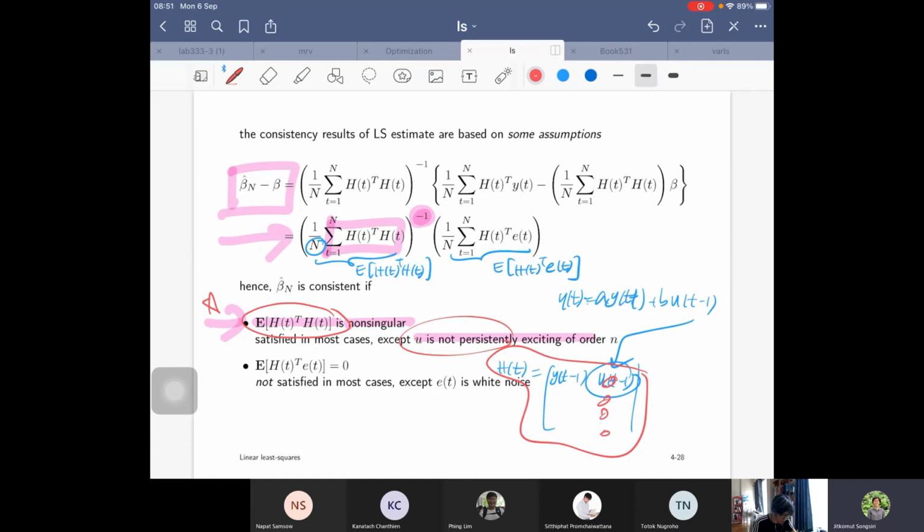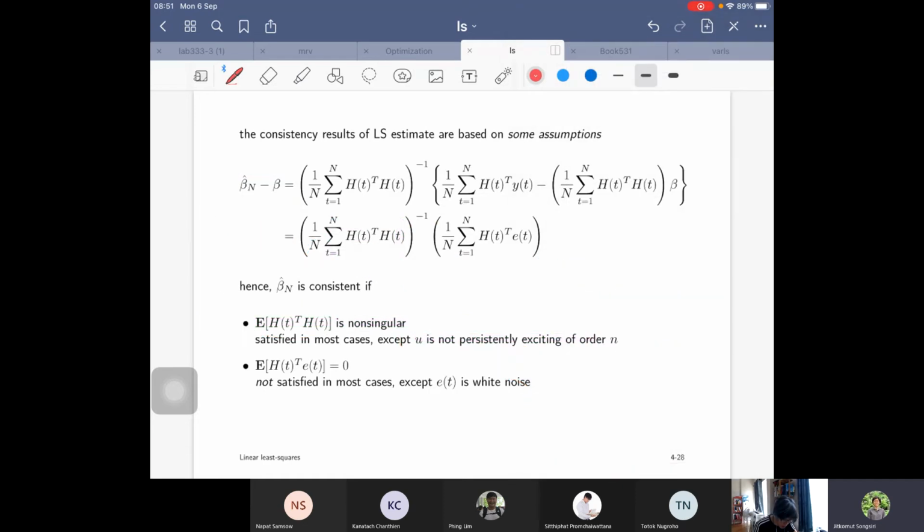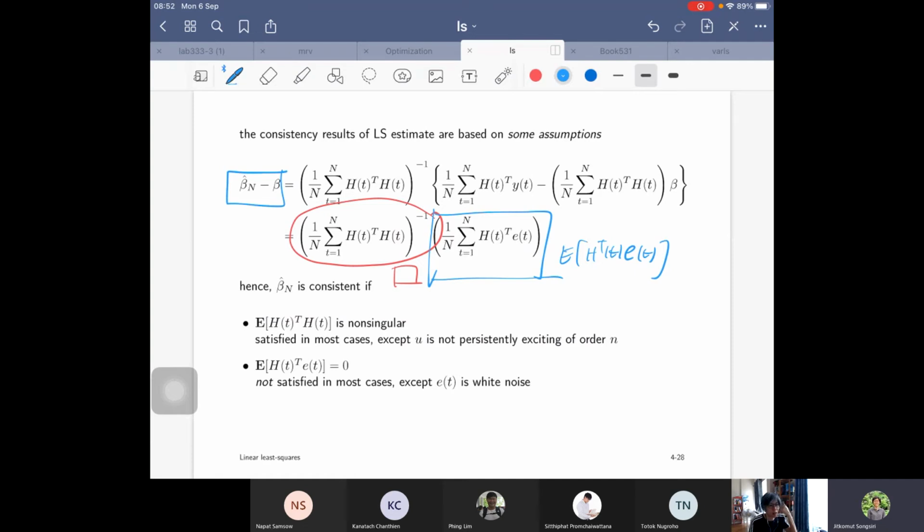That's one requirement. The second requirement: think about this matrix being non-singular, so it's going to be some gain matrix. But then on the right hand side, let me ask you one thing. This bias, beta hat minus beta, do we want it to be large or small?